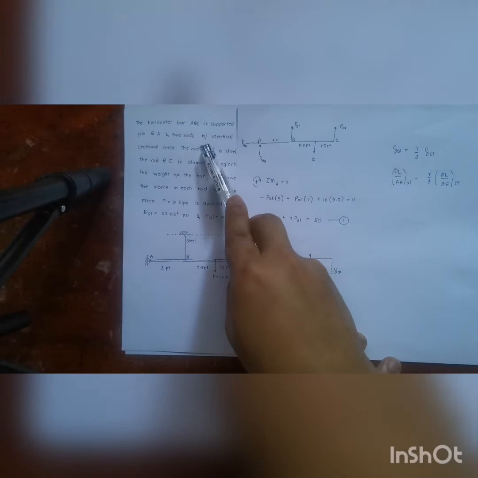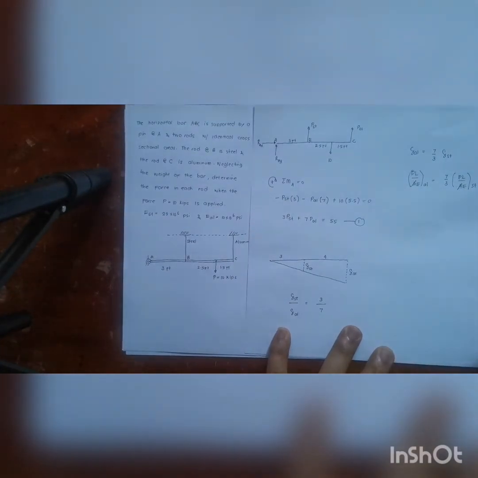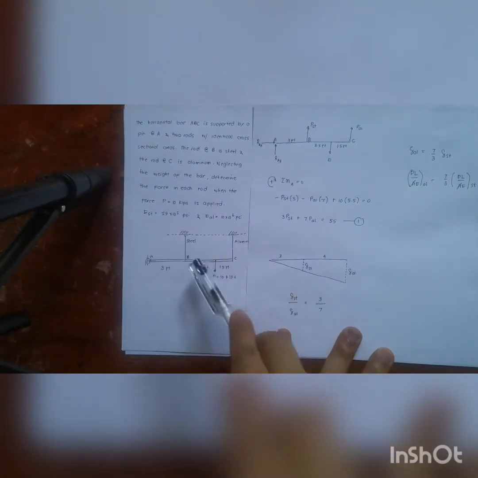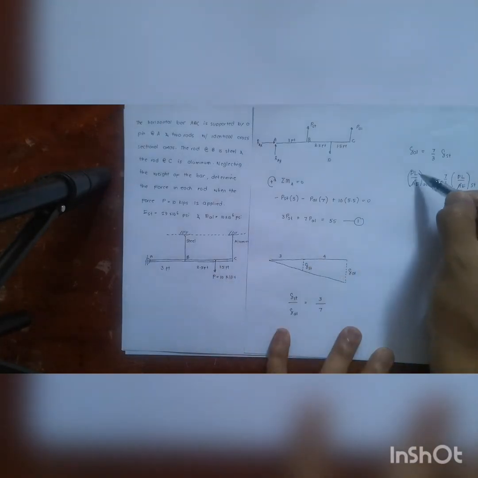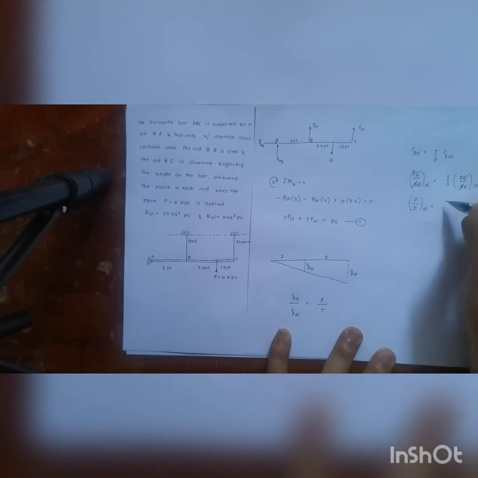But the problem said the two rods have identical cross-sectional areas, so the area of aluminum and the area of steel will cancel. And as we notice in the given figure, the length of steel and the length of aluminum are the same, so those will cancel too. What remains is P over E of aluminum equals 7 over 3 P over E of steel.